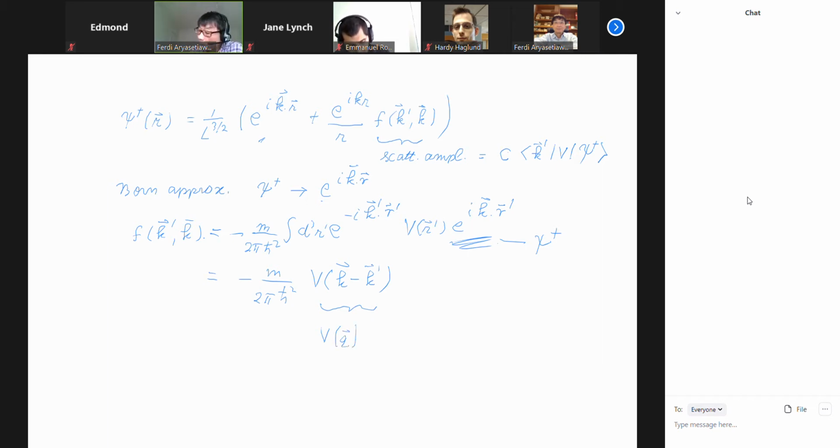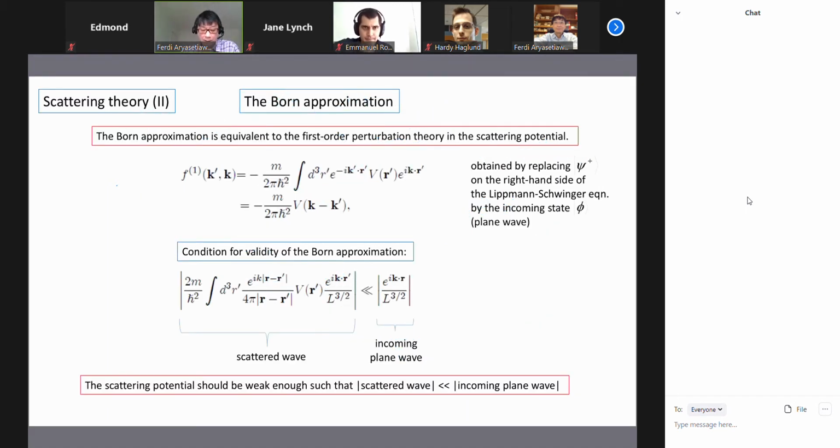So that becomes 4 pi upon Q, integral from 0 to infinity, times the spherically symmetric potential. I think we were here last time. Okay, I'm just repeating a little bit.